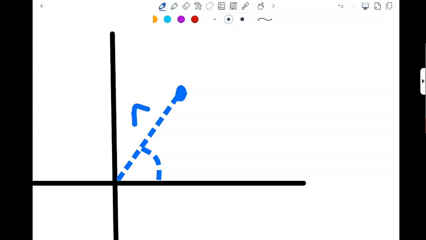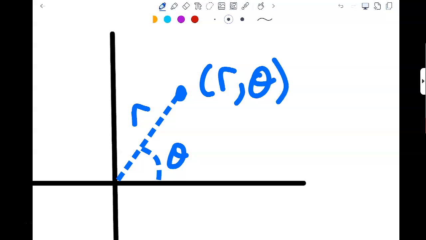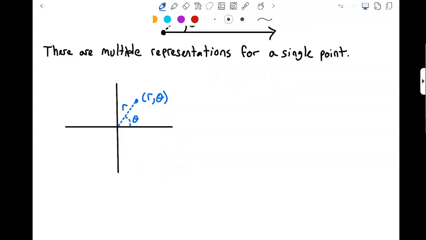So we'd have a distance r, let's say, and an angle theta. And we would label that point as r, theta. Okay? So that's one way that we could describe how to get to that point.